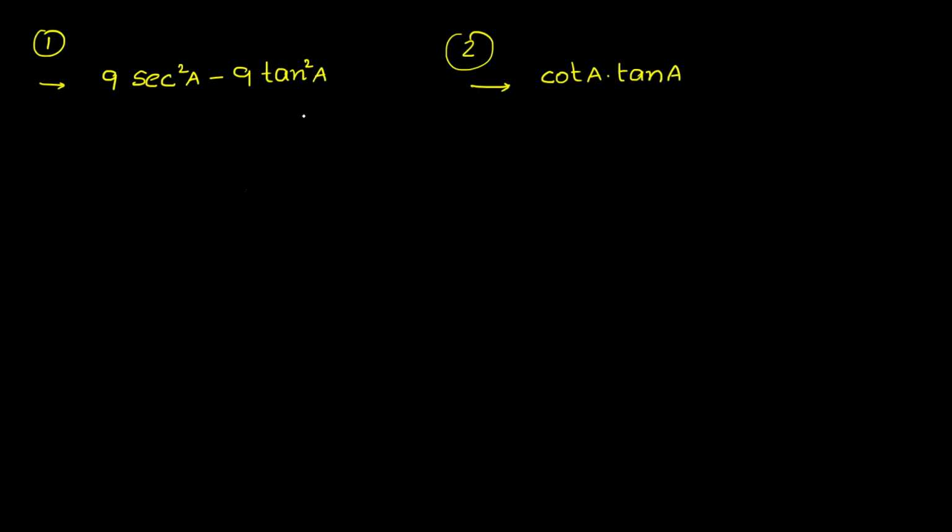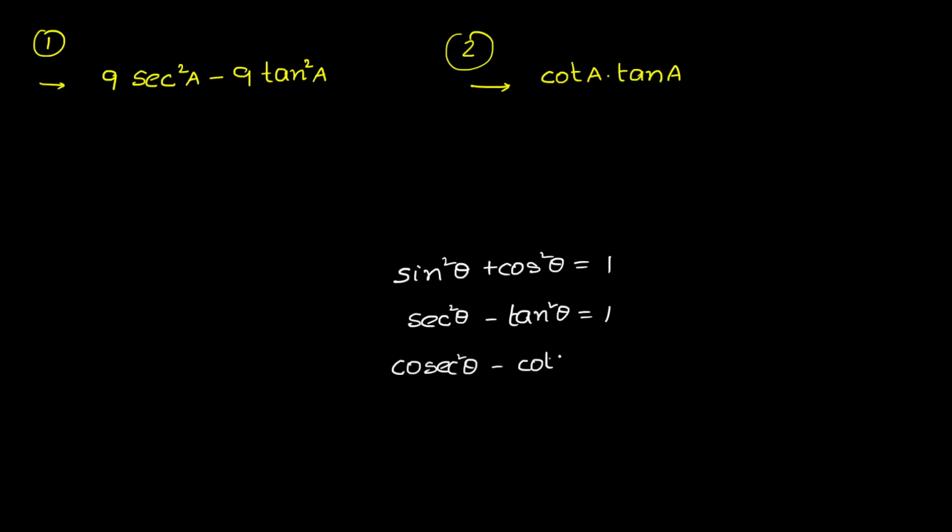We have three trigonometric identities: sine square theta plus cos square theta is equal to 1, secant square theta minus tan square theta is equal to 1, and cosecant square theta minus cot square theta is equal to 1.